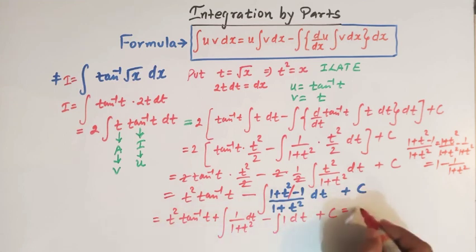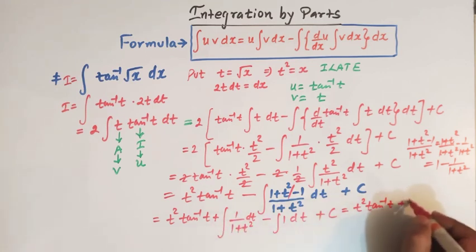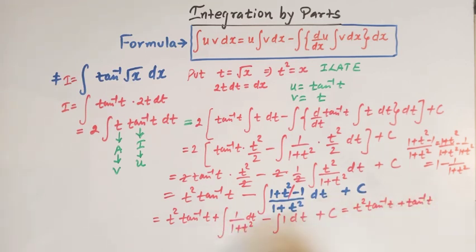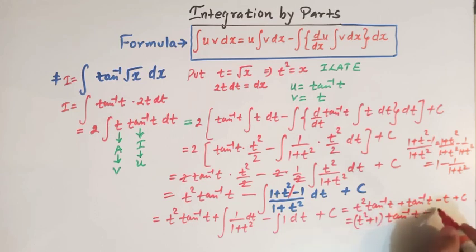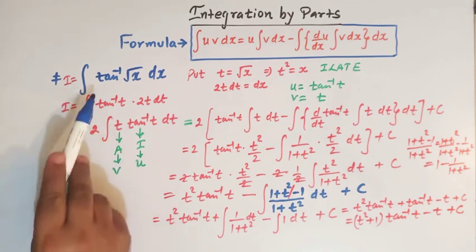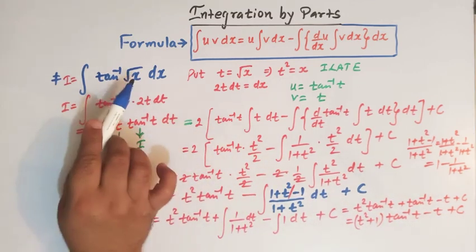So this is t square tan inverse t plus the integral of 1 over 1 plus t square, which is tan inverse t, and here we have minus t and plus c. So now we can write it as t square plus 1 times tan inverse t minus t plus c. So we have calculated the integral. Now we have to convert this expression in terms of x.